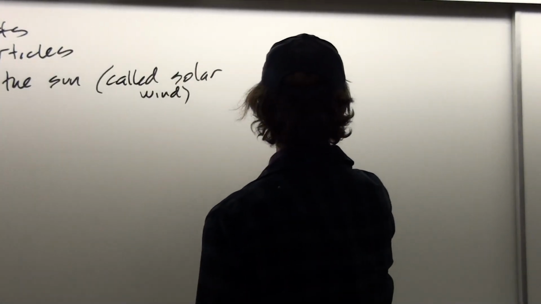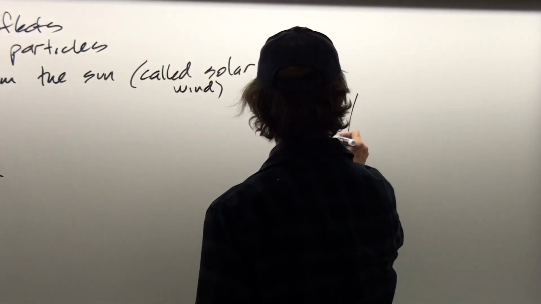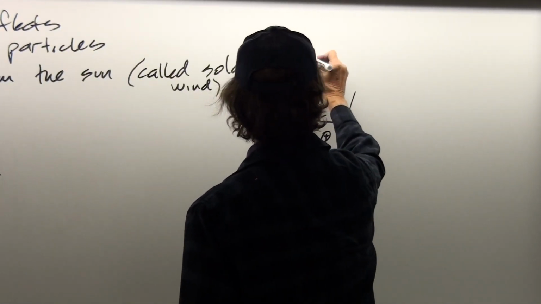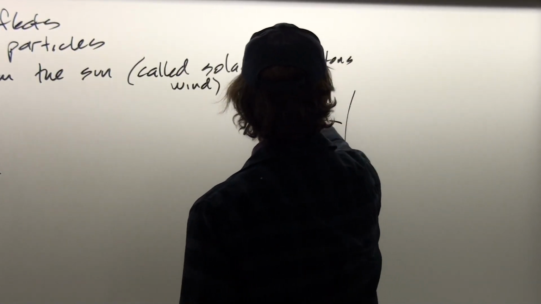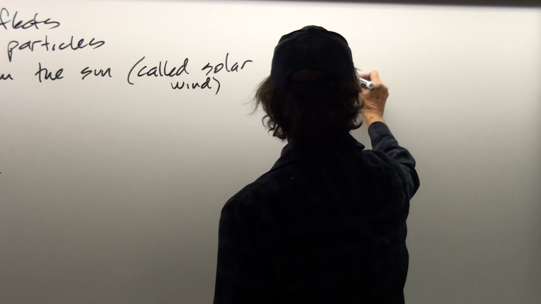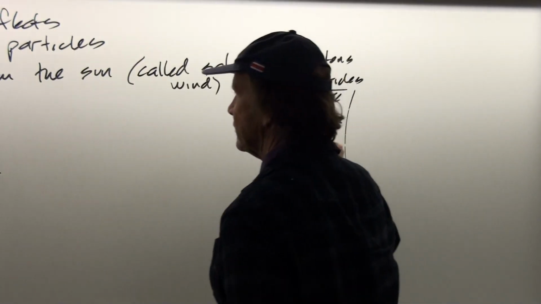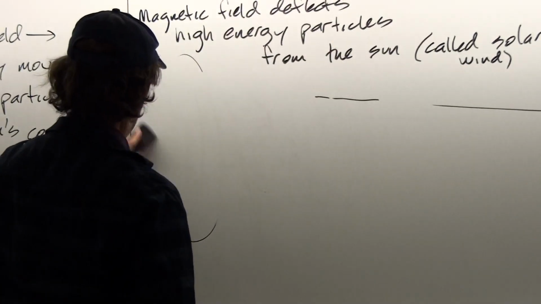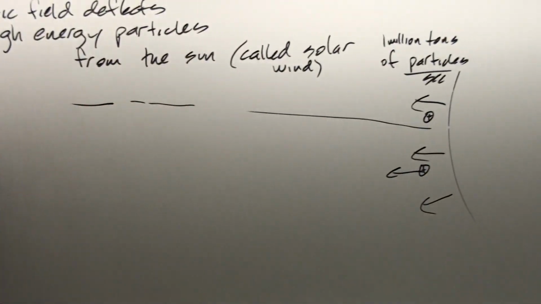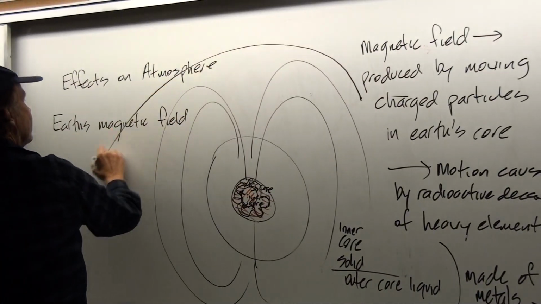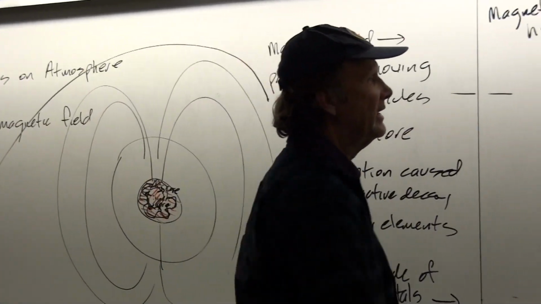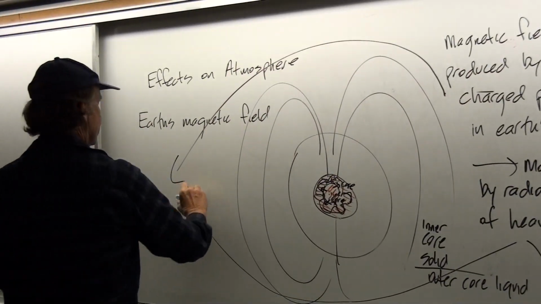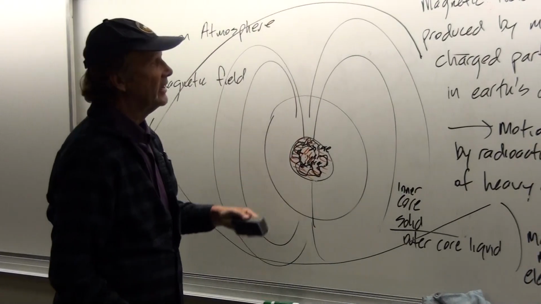On the surface of the sun, we get something like 1 million tons of charged particles every second being evaporated off the surface. And so those high energy particles then move along until they get near to the Earth, and then the Earth's magnetic field deflects them. It's like a umbrella, a magnetic umbrella that protects the Earth from direct interaction of these high energy particles.